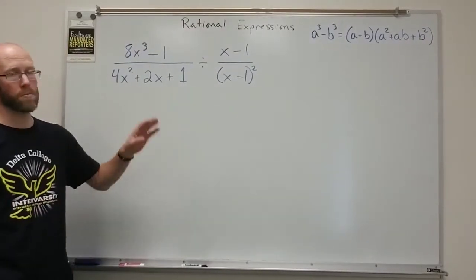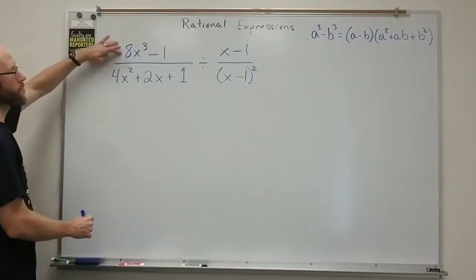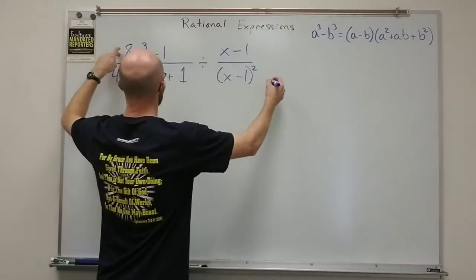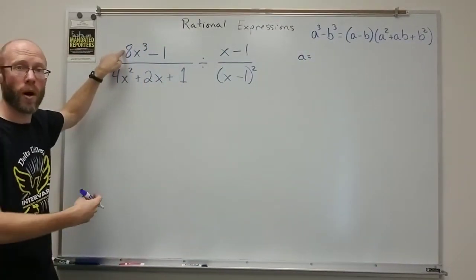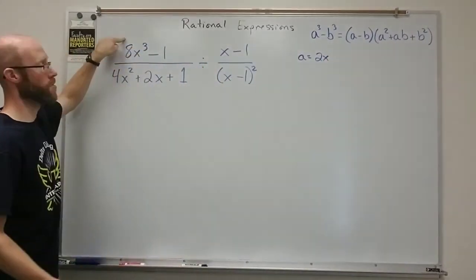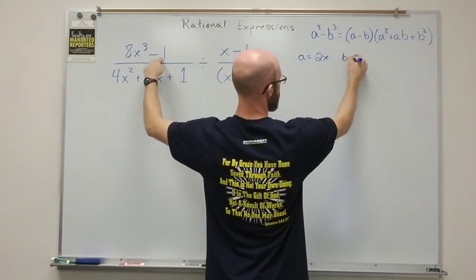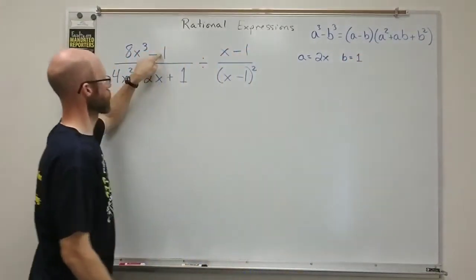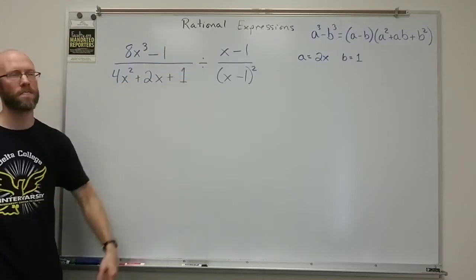The sum of cubes I would put up there if we needed it. So this is a difference of cubes, and of course in this case the thing you're cubing in the first term is 2x, right? It's essentially the cube root of that term. The b is what you're cubing for the second term. It's the 1. It's the cube root of that second term.